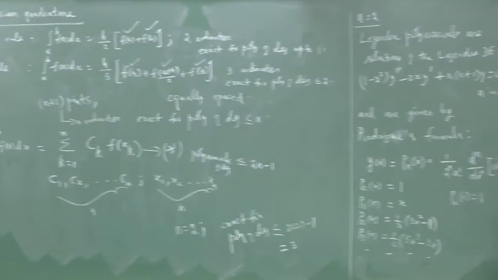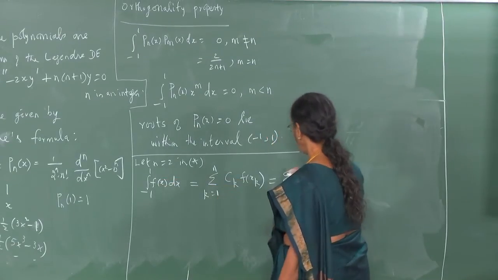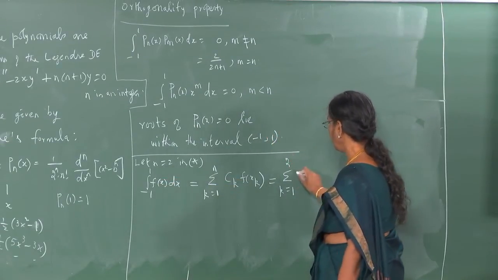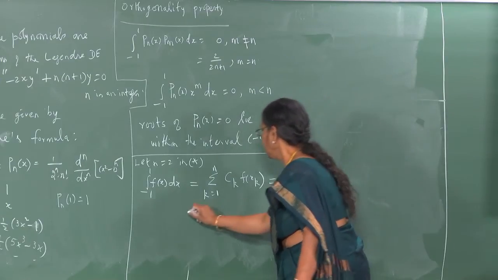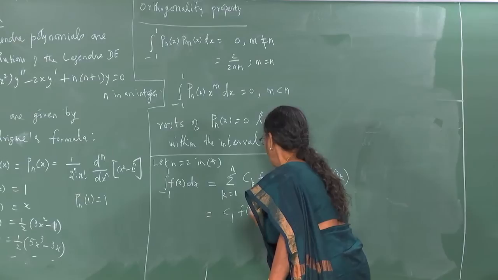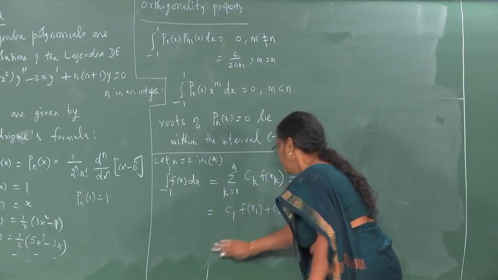So, we require a method such that the integral from minus 1 to 1 of f of x dx is the sum over k equal to 1 to 2 of c k f of x k, namely c1 into f of x1 plus c2 into f of x2.